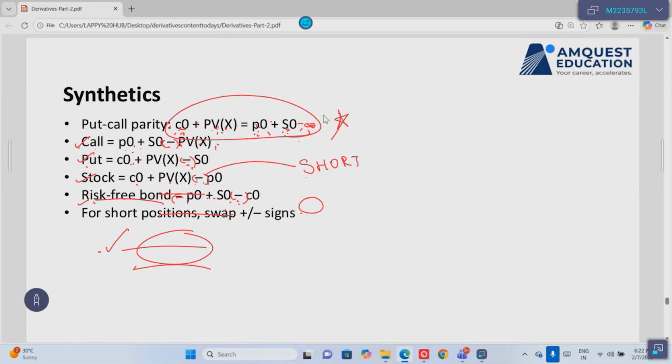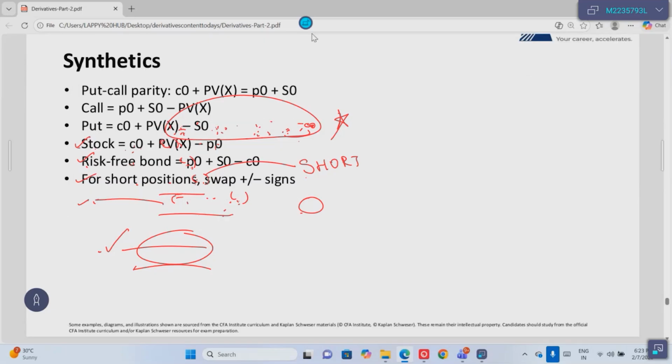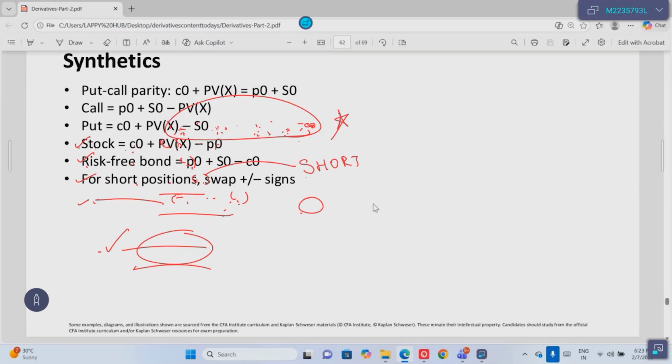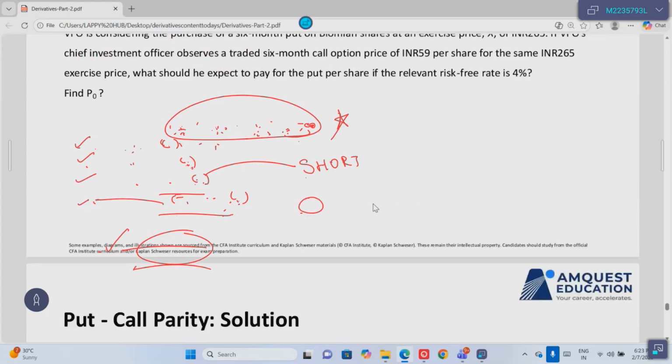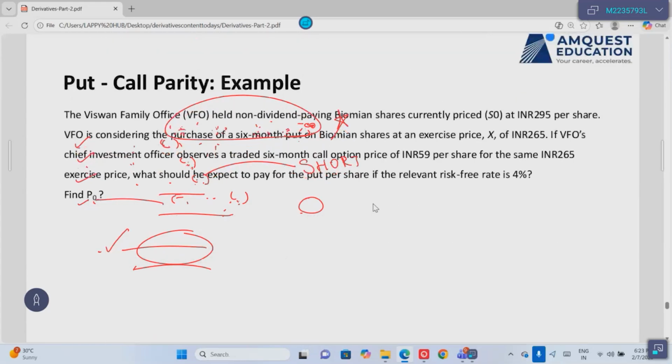So you should learn how to describe all the four options using the basic formula of covered call and protective put. Any questions? No, sir. Perfect. Very, very important, what I just explained to you. This comes in many options. Now you see, it is very easy.